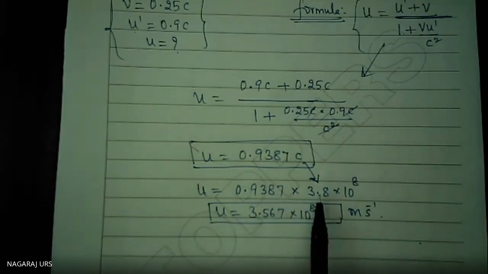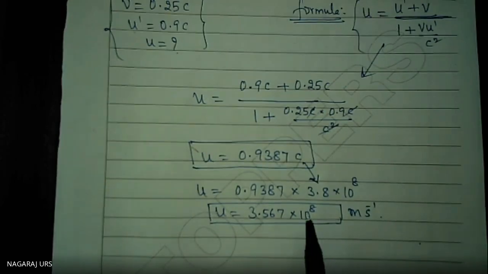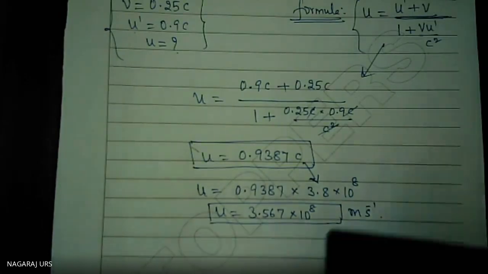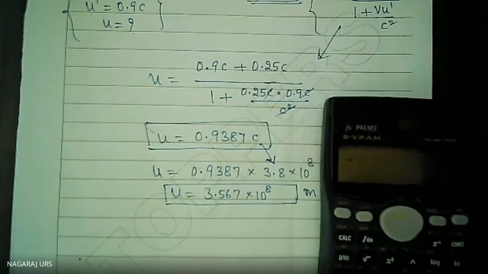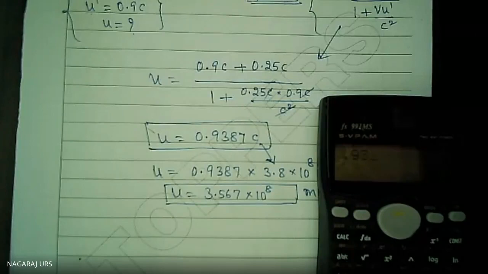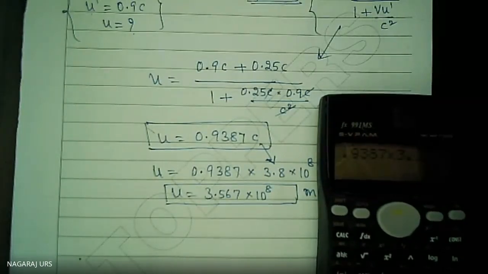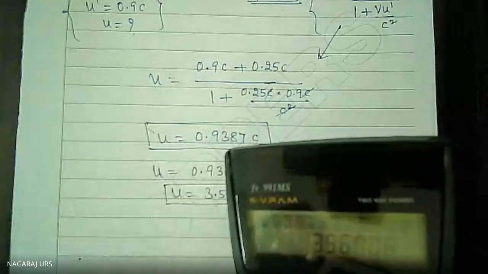Multiply these two, 0.9387 into 3. What is it showing?